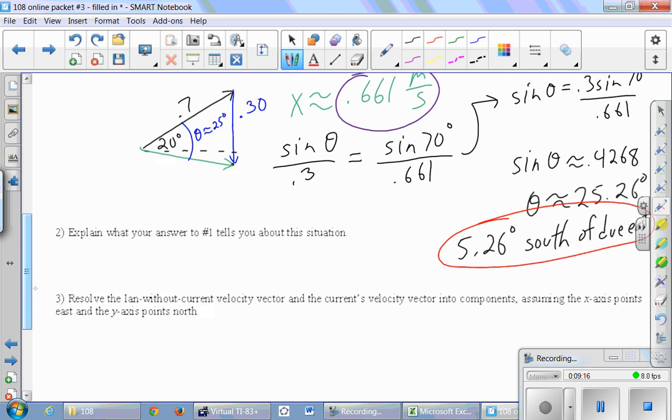Okay, so number 2, explain what your answer to number 1 tells you about this situation.